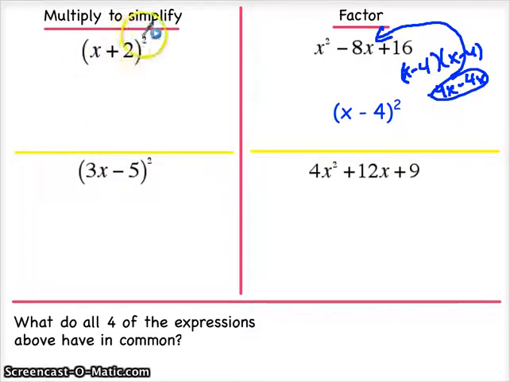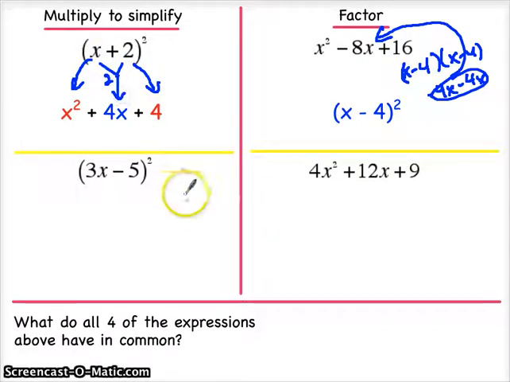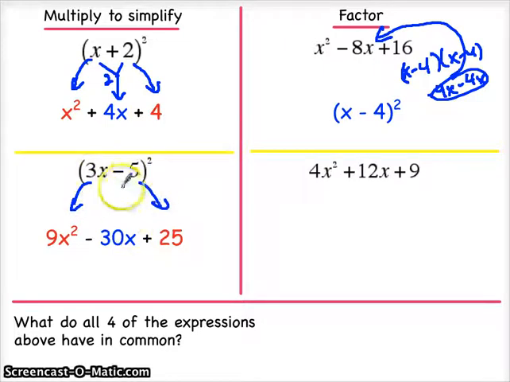X plus 2 squared told us that we should take our first term squared, thus giving you x squared, your second term squared, giving you the 4, and the first times the second times 2, giving you that middle term. And the same thing goes if you have a number in front. 3x and negative 5, also going to be 3 becoming 9, 5 becoming 25, and 3 times 5 times 2 becoming that negative 30.